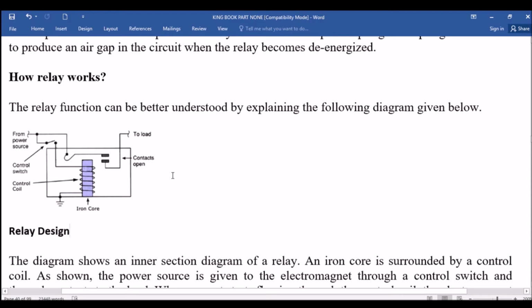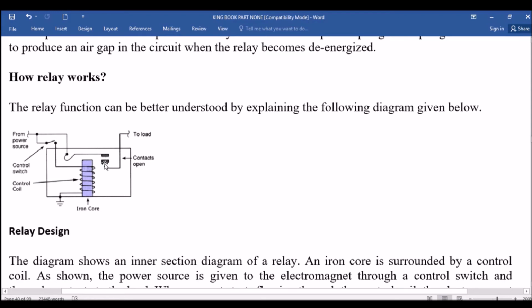This winding, the flow of current will produce the electromagnetic. This electromagnet will attract this metal, or this contact above it. When it attracts it, this point will be connected with this one.